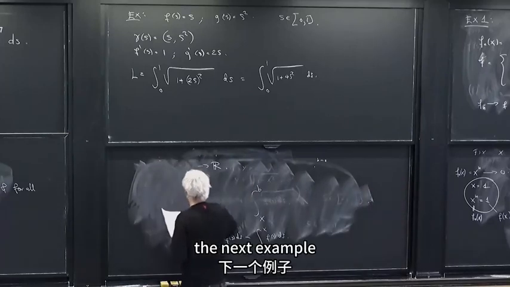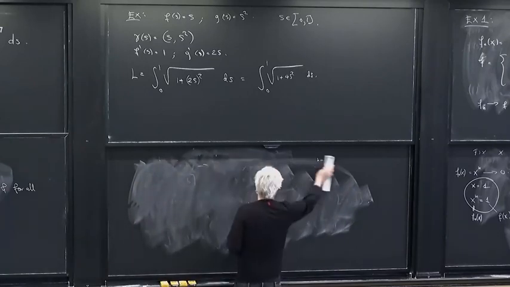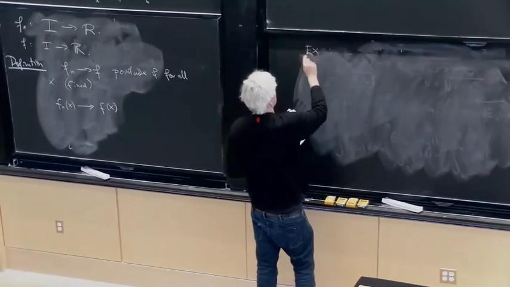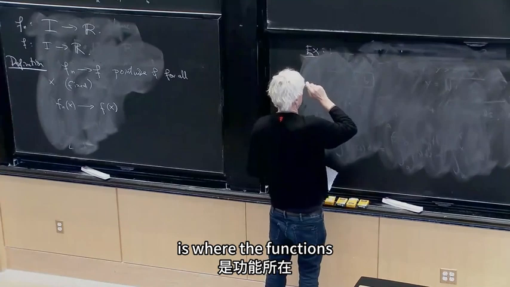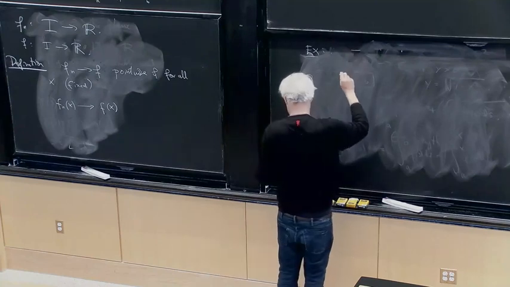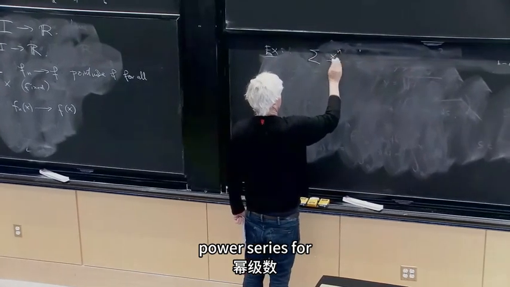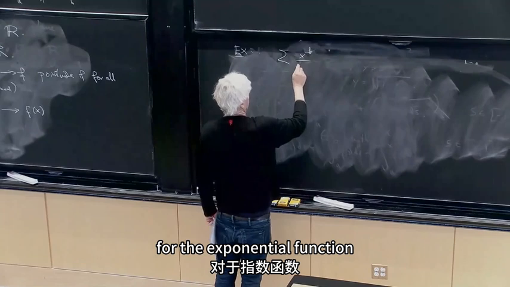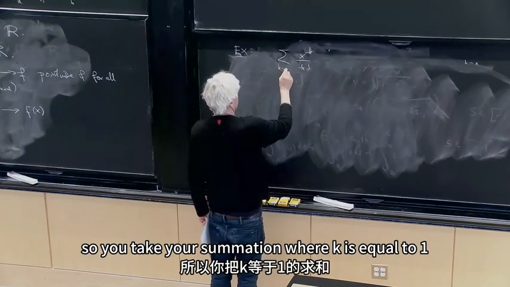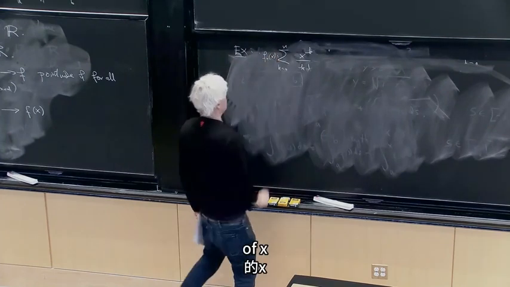The next example I want to look at is where the functions are, you're just summing here. You just take the power series for the exponential function. You're summing where k is equal to 1 to n, and that's my fn of x.